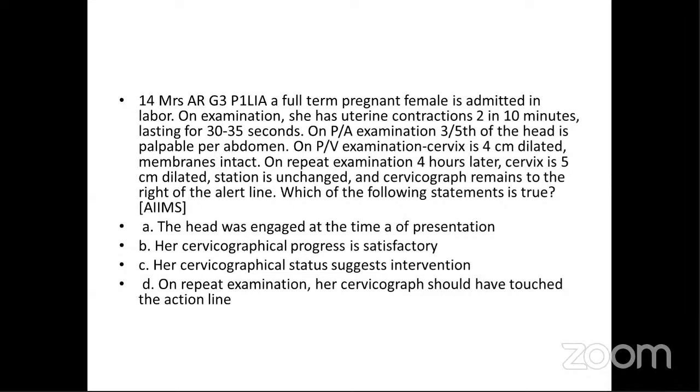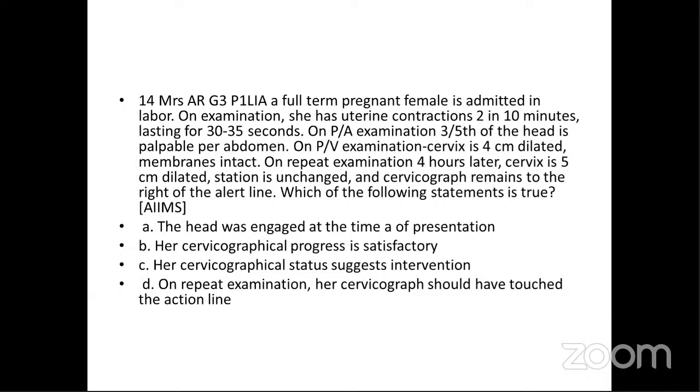Only when you're plotting on the partograph and the line is falling on the action line, or beyond that, is the time where you do the final intervention, in the sense you terminate the labor and go for a cesarean section and deliver the baby as soon as possible.